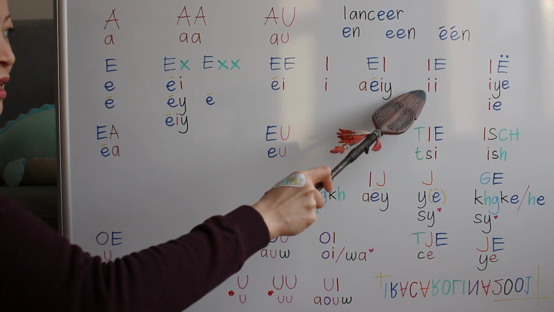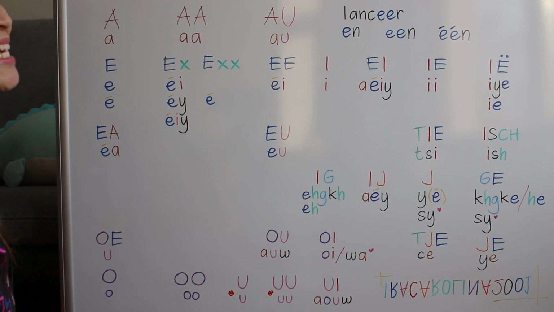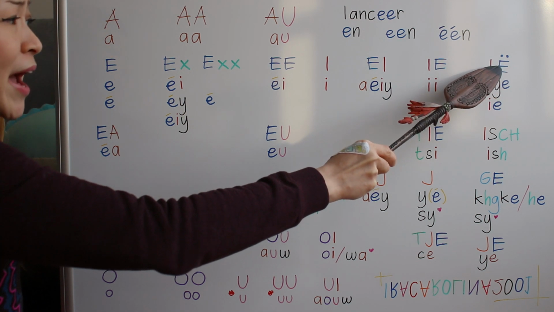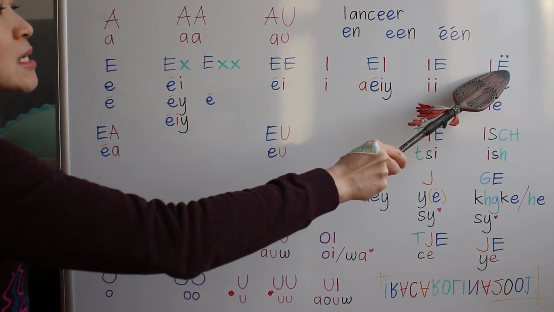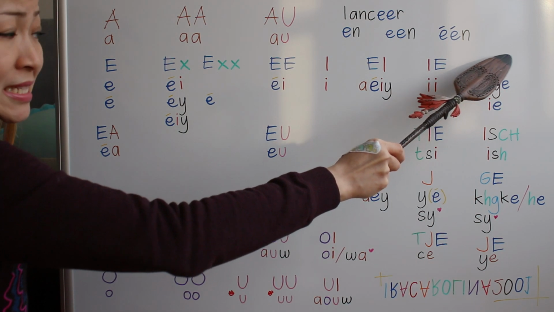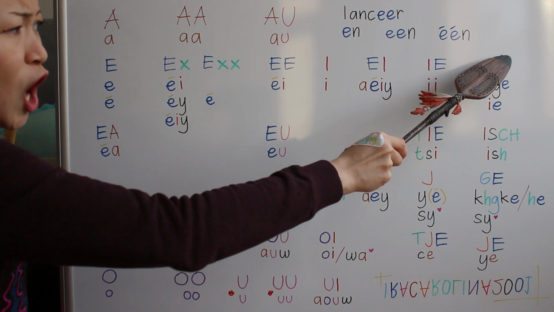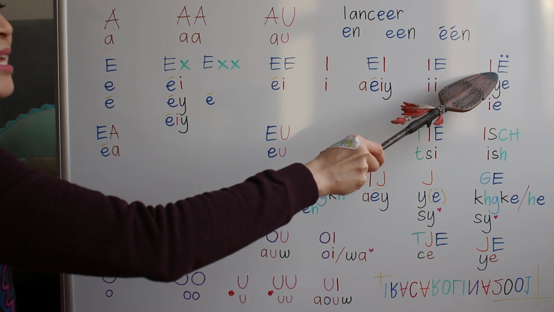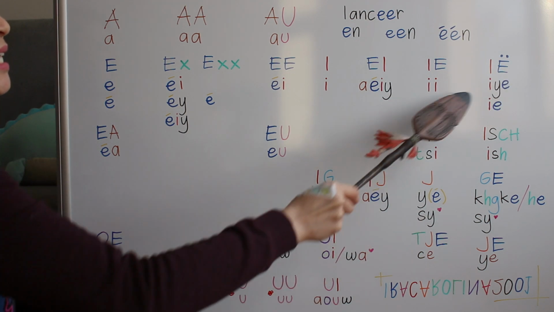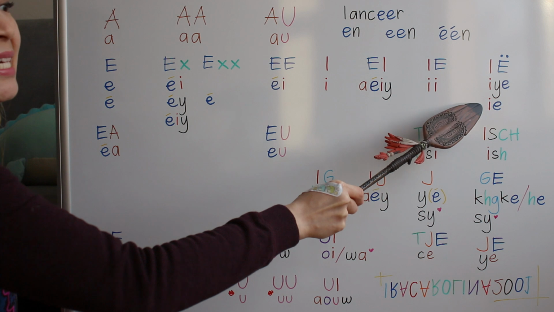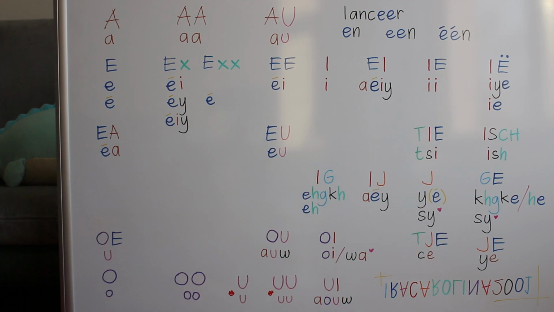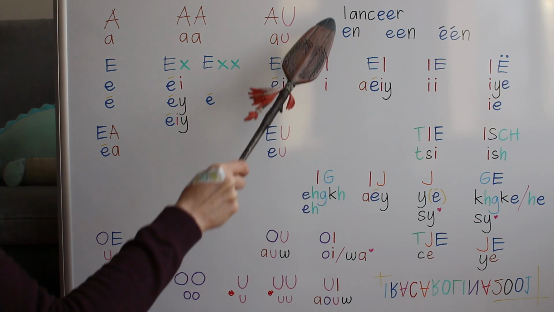With this one, you pronounce it as E. But if there are dots here, we read this one as I. And now we go here.